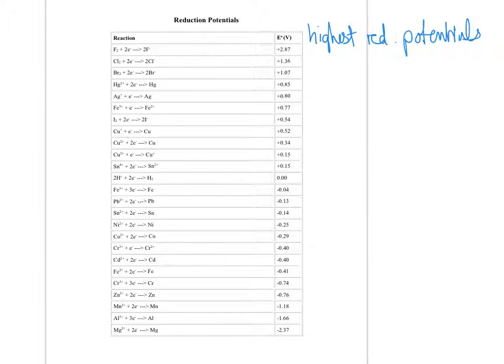And remember, that means the highest likelihood or the highest ability to be reduced or to gain electrons. So these are the most likely to be reduced. The bottom, these are the lowest reduction potentials.